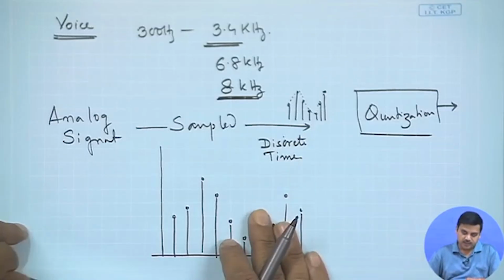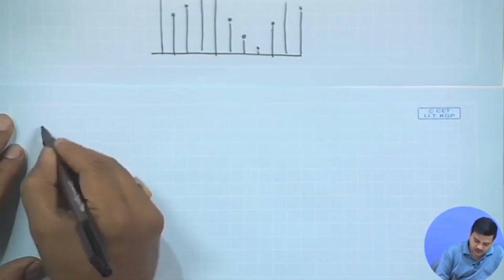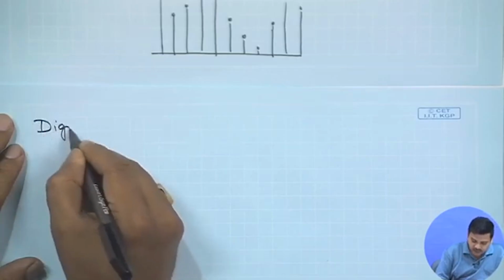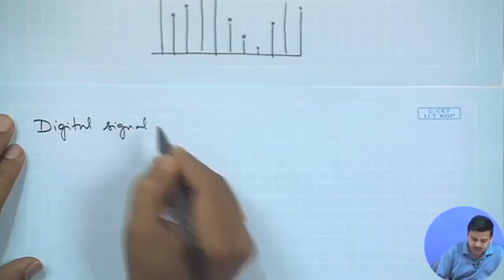Now, if we have this, we have a problem, because what we would define as a digital sequence is what we need to look at. So, let us get back to a digital signal. What is meant by a digital signal?